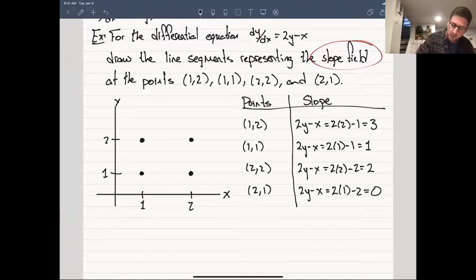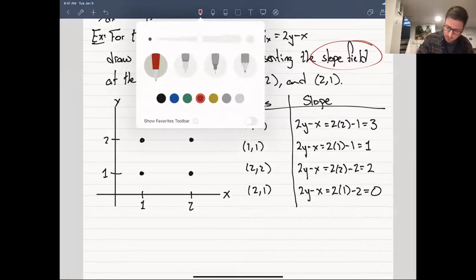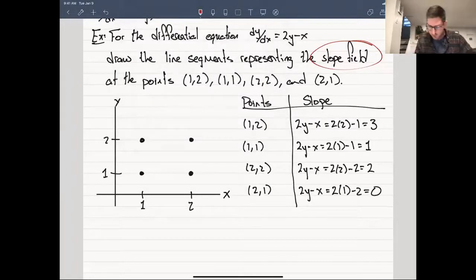Okay, so let's sketch in our little tangent lines here. At (2, 1), let's work from the bottom up. You get a 0 slope, so your line is horizontal. We would draw the slope field with a little horizontal line there. I know that it's not perfect, but at (2, 2) we've got a slope of 2. So maybe we're going to just try and draw these so that they're relative to each other.